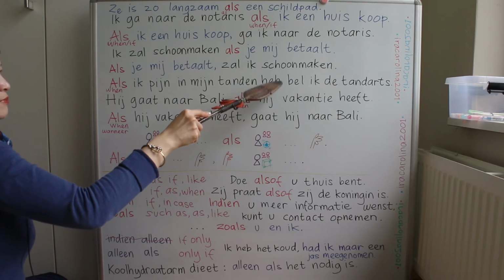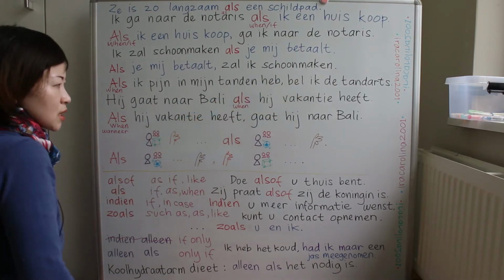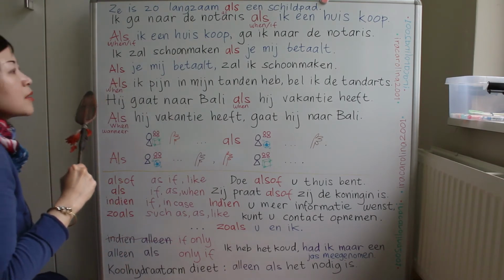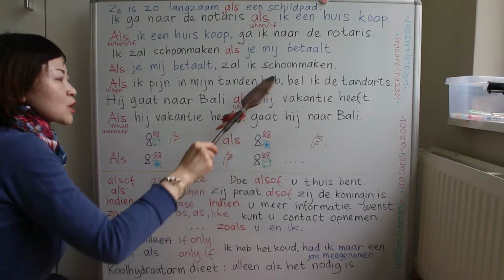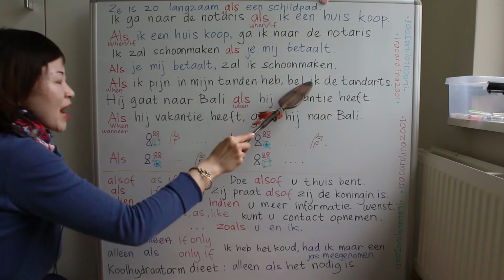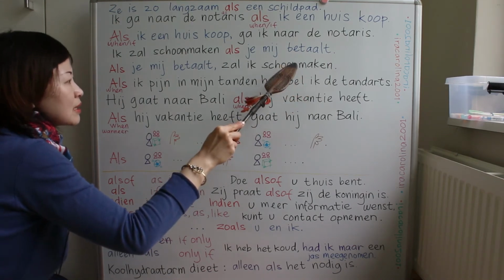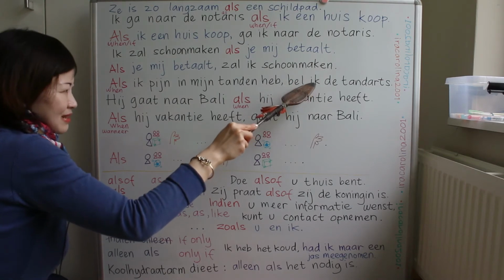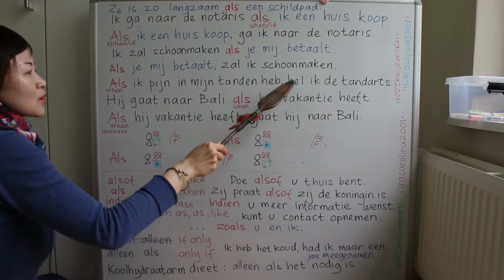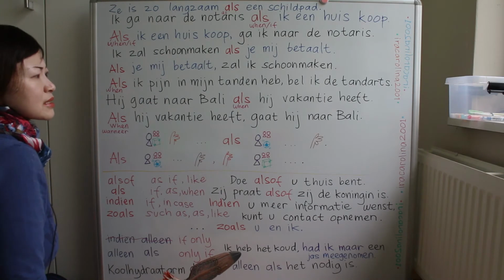then comma. This was ik bel, but because we use als in the beginning and then we have a comma here, the second part of the sentence we have to switch these two words. Now it becomes bel ik de tandarts, call I the dentist.